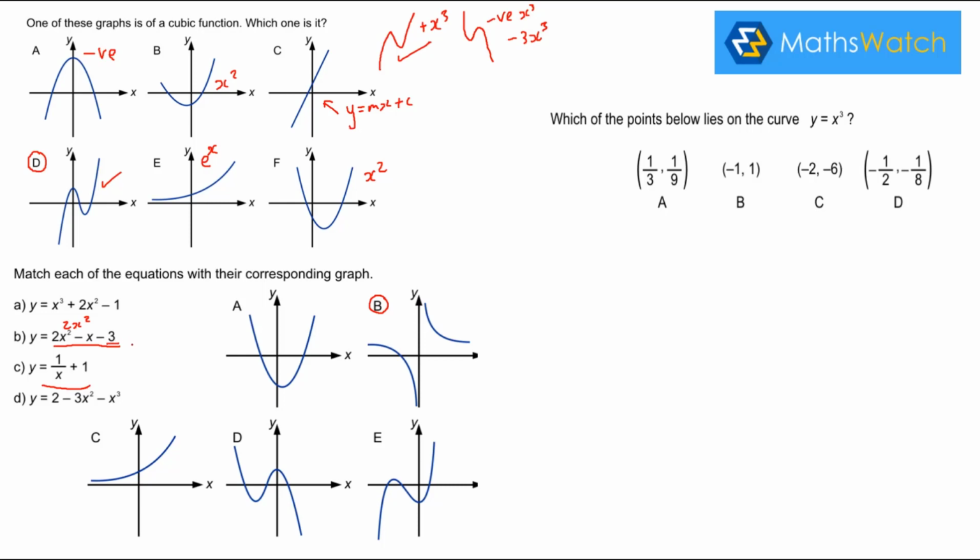And you can see the -3, well that's got to be the y-intercept for this. So that has to be A. Now, can you see the highest power is 3 here, and it's a negative x cubed. So for my example before, that has to be D because of the shape of it.